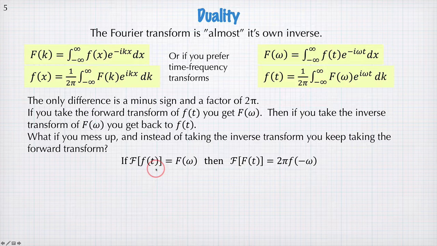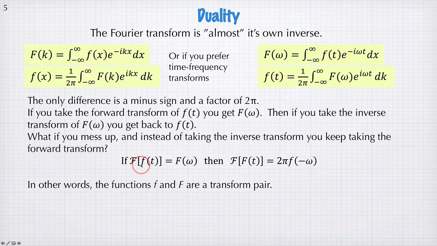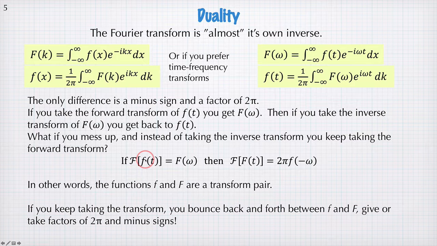But the important thing to realize is that the functions little f and big F here form a Fourier transform pair. If you start off with a function little f and take Fourier transforms or inverse Fourier transforms, any combination of them, no matter how many times, you always bounce backwards and forwards between the functions big F and little f, with scalings of 2 pi and negative signs and changes of variables from t to omega or x to k, but you always have this pair of functions that follow each other around.